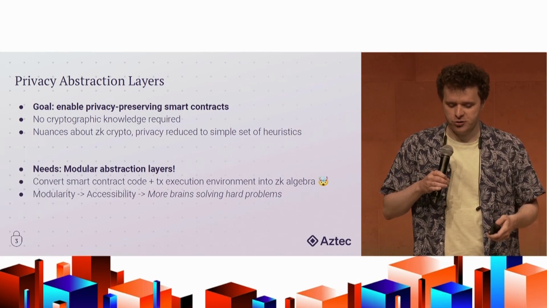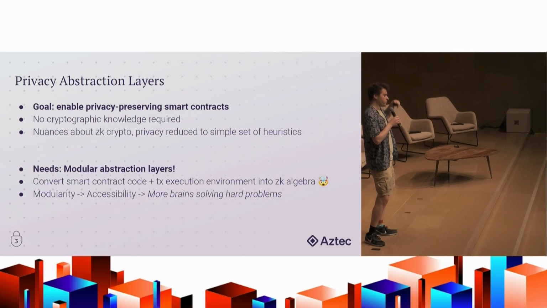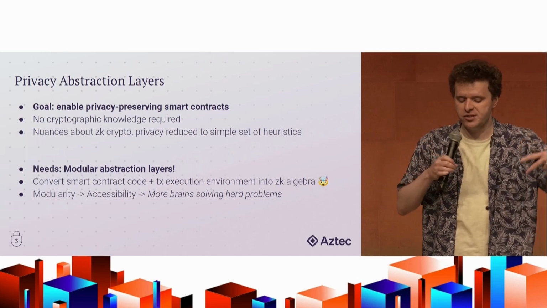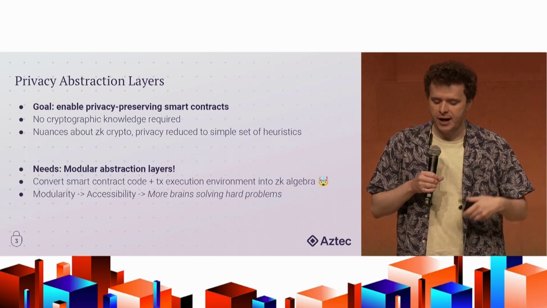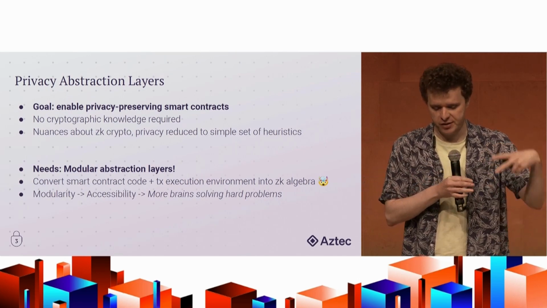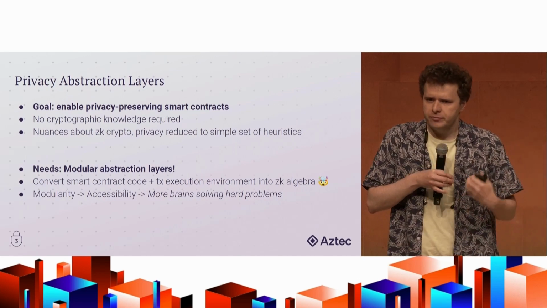The goal is to create rather composable, modular abstraction layers that convert the code of a smart contract, and the consensus algorithms that you're using to verify its correctness, into algebra for zero-knowledge proofs.